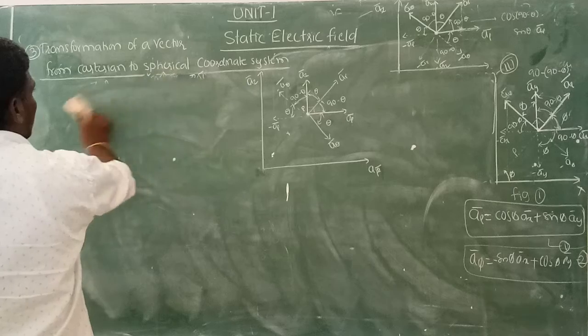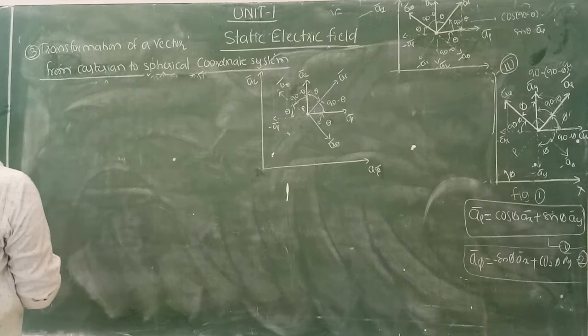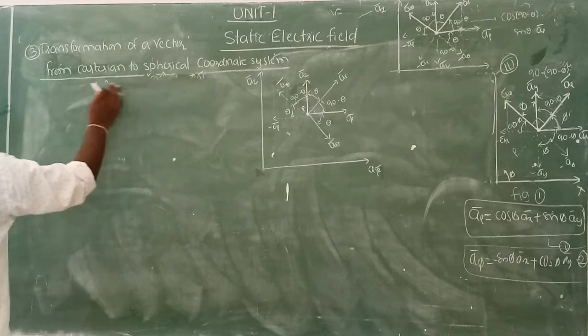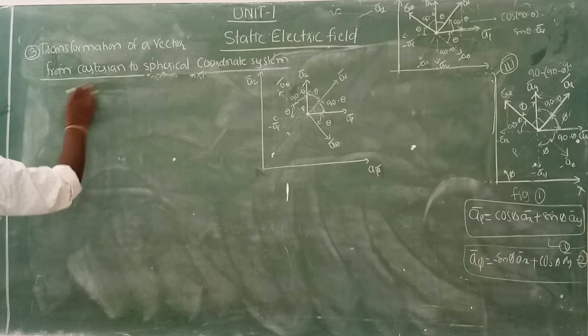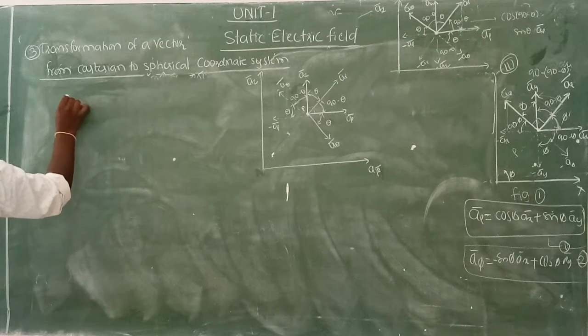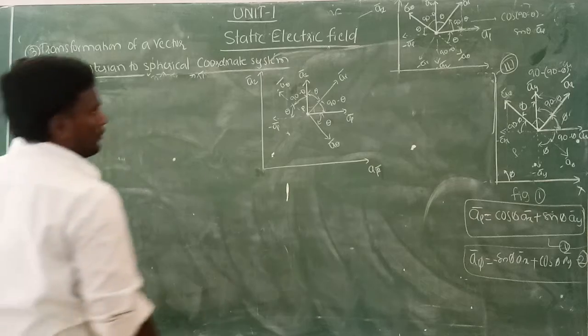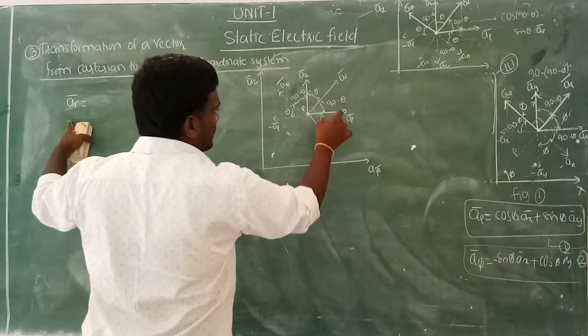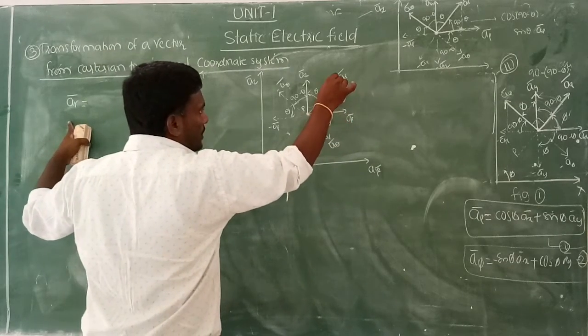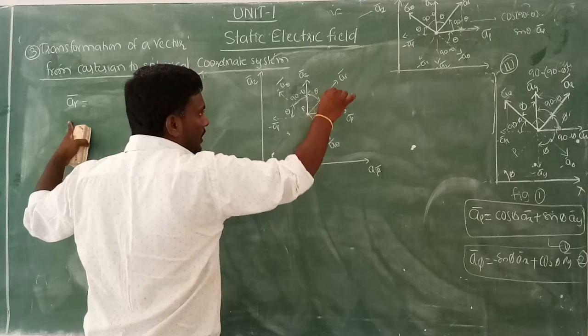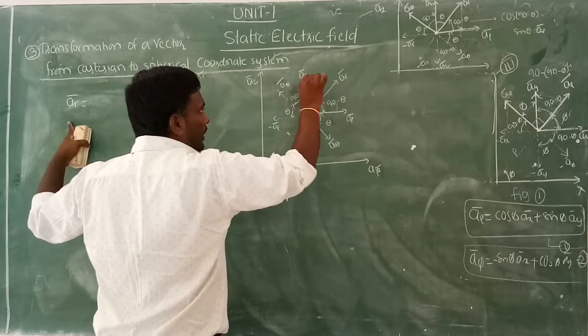So what is required here? Required here is Cartesian to spherical. So calculate the spherical unit vector AR bar. If you resolve AR bar into two components, one is along the arrow bar and the other along AZ bar.